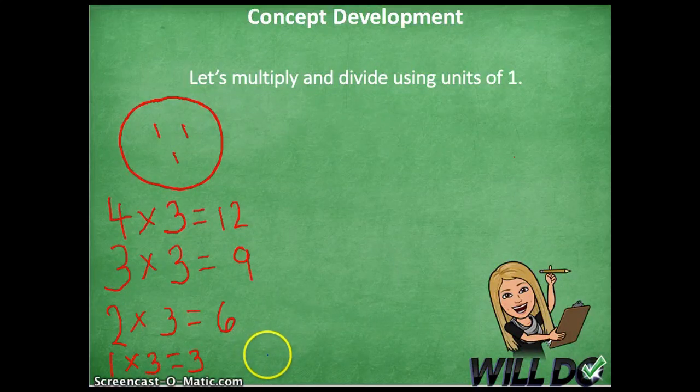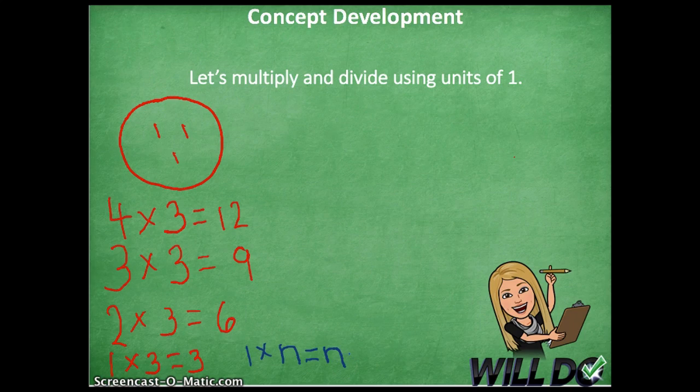So we have one group times a number that's in the group, which equals that number.